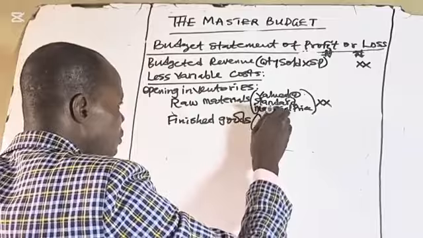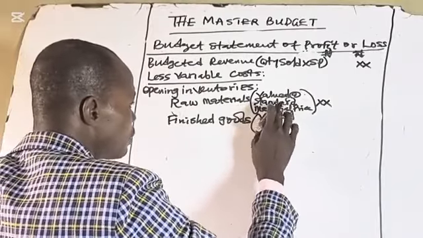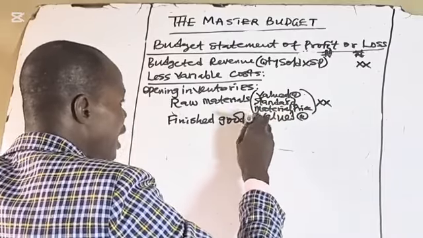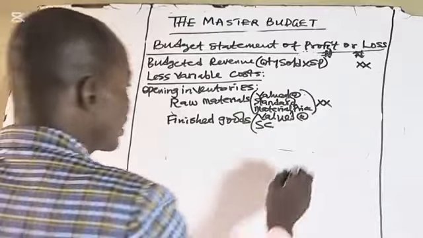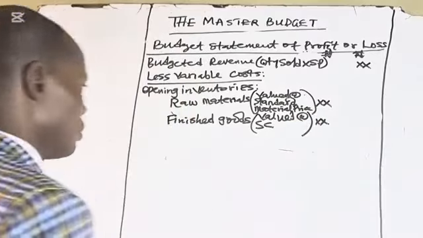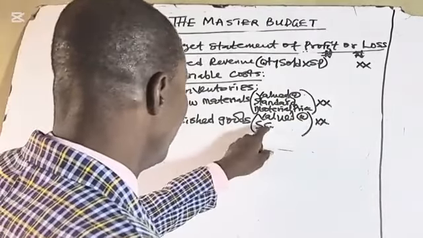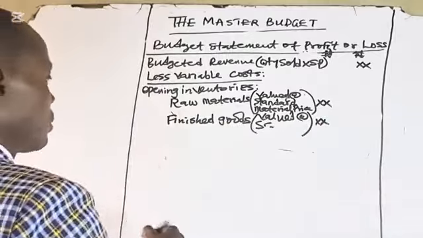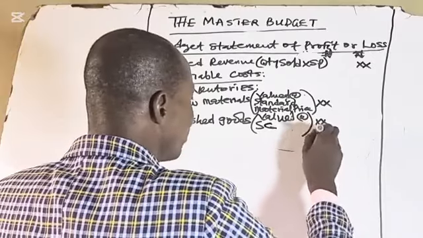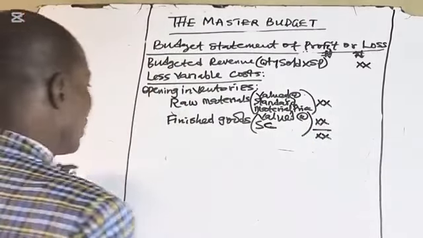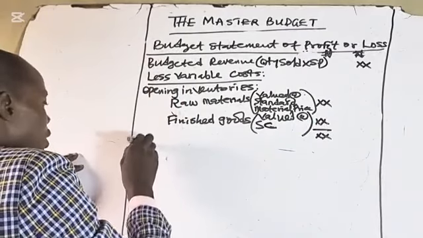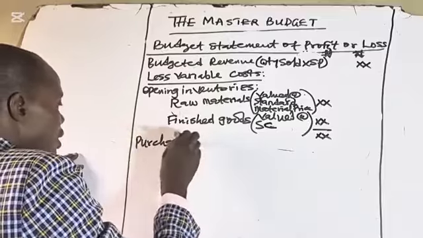valued at standard cost. It could be standard marginal cost or standard absorption costing. I will give you this later as a working, how to calculate this. So this will give you the value of opening inventories. You add purchases of materials.